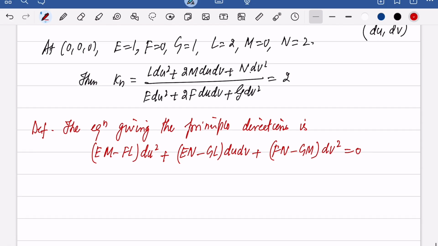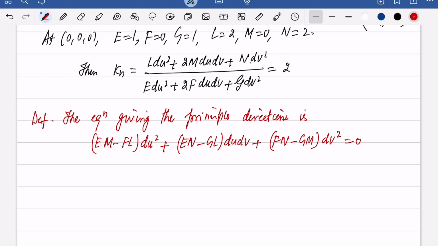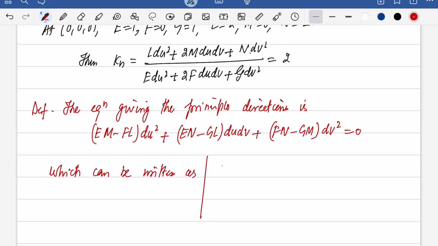But as we can clearly see, this is difficult to remember, so it can also be presented like this: first we write dv square, then minus du dv to keep the positive sign in the middle, and then du square here, equal to 0.